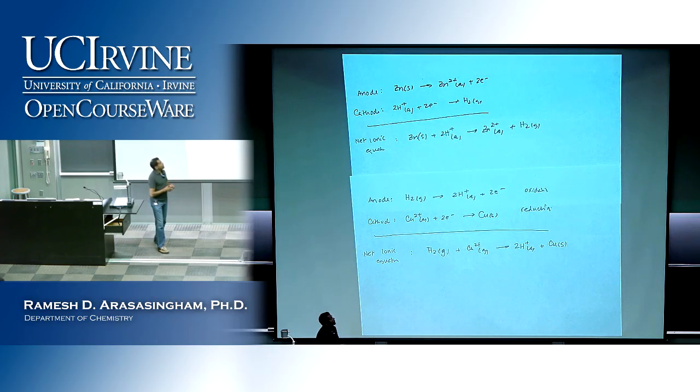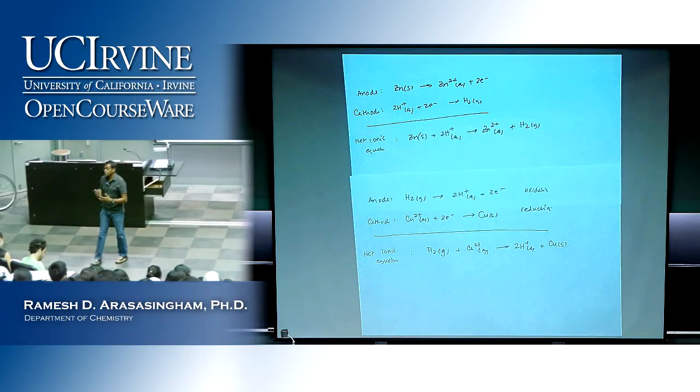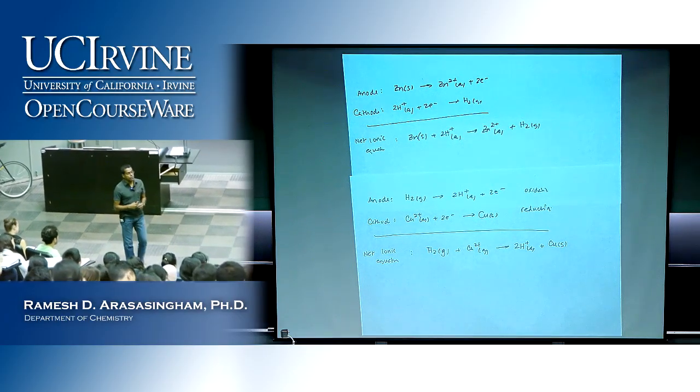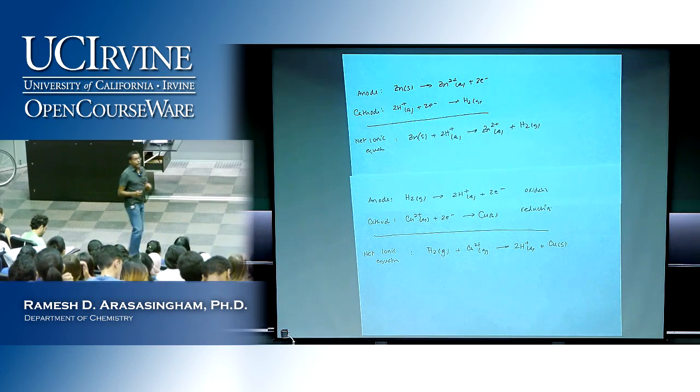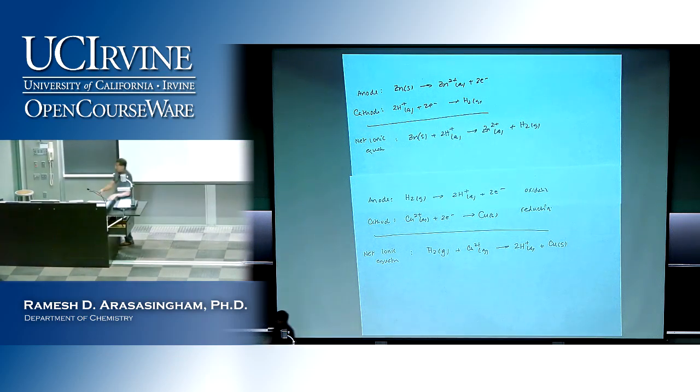So the overall reaction that takes place in the second example, where now your hydrogen electrode is the anode where the oxidation takes place, and now copper is the cathode, then the overall reaction would look like that. So that's what this picture shows you.